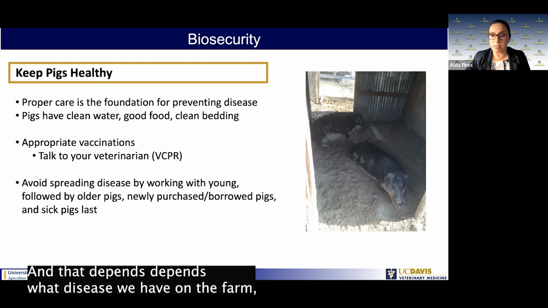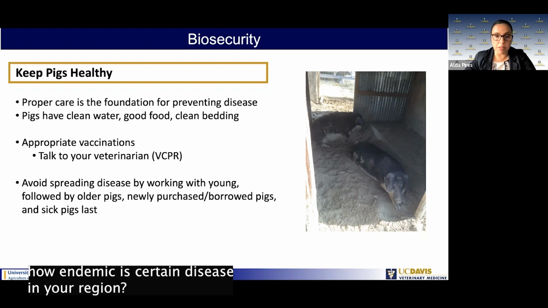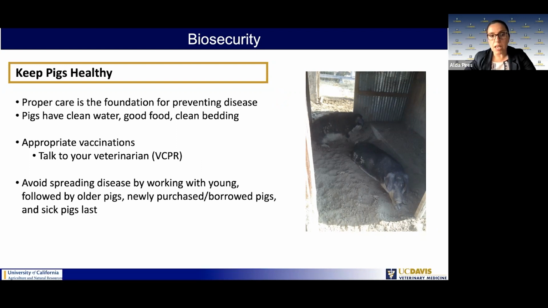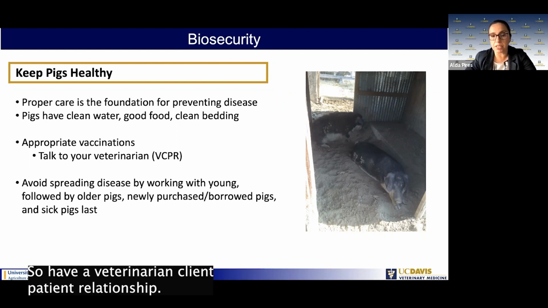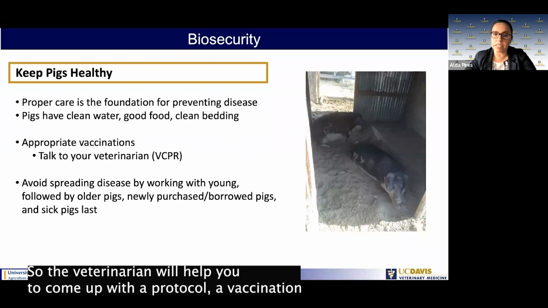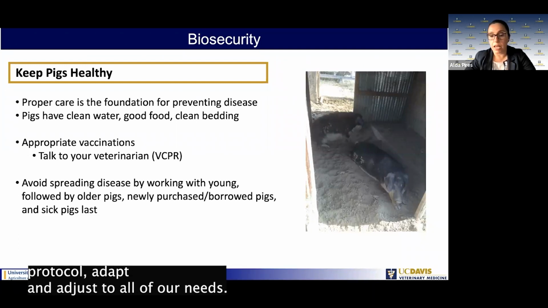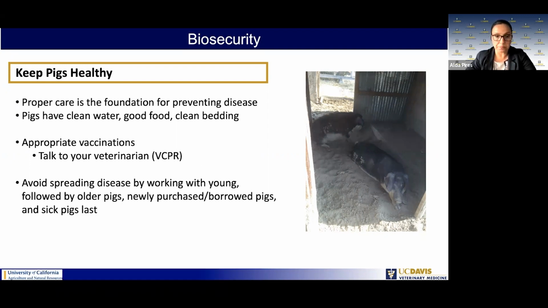That depends on what disease we have on the farm and how endemic a certain disease is in your region. To help you on that decision, we should talk with your veterinarian, so have a veterinarian-client-patient relationship. The veterinarian will help you come up with a vaccination protocol, adapted or adjusted to our farm needs.